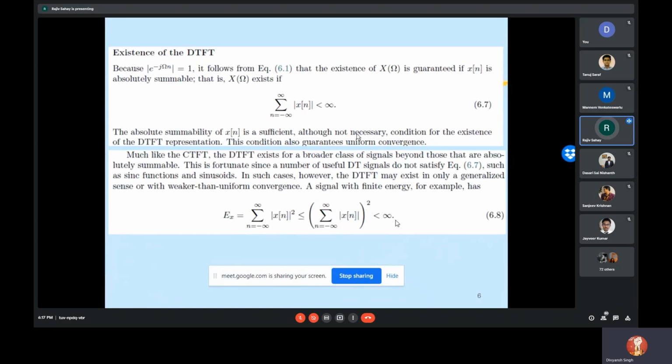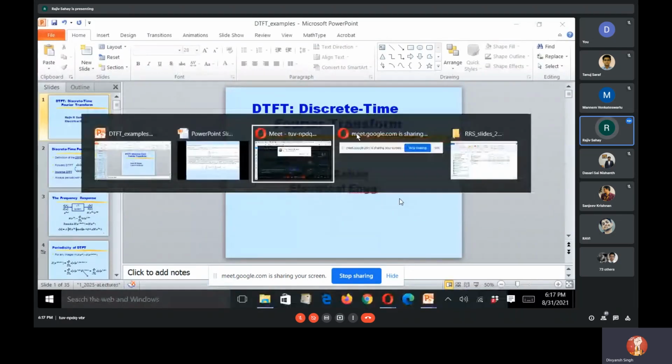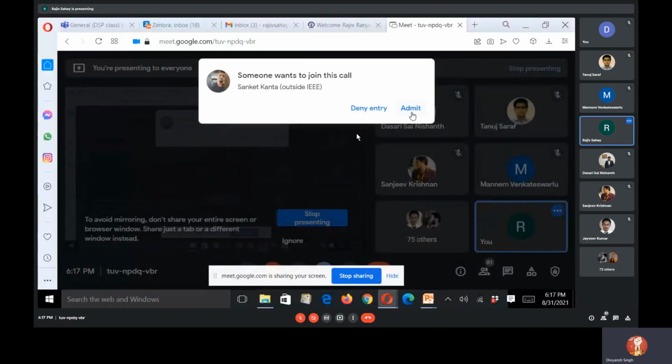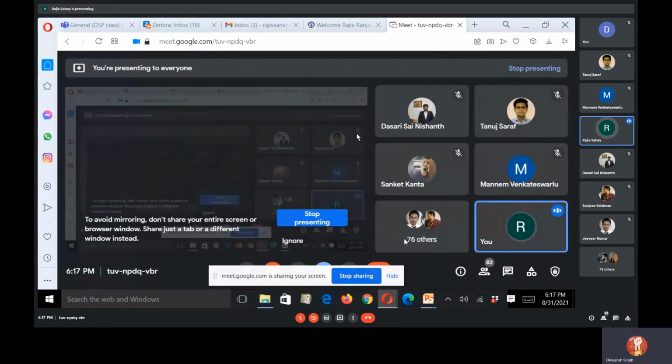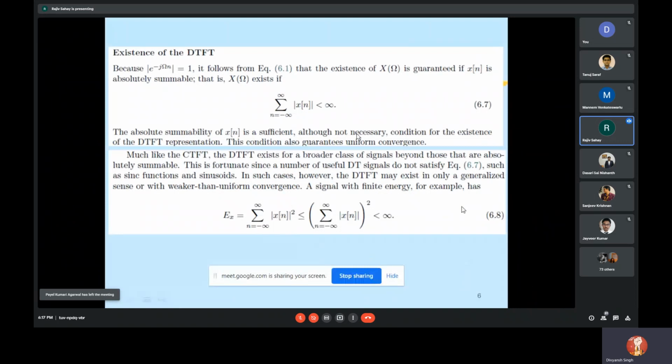For such signals like sinusoids or sinc functions, they have finite energy. These are signals which don't show uniform convergence, but they exhibit what is called convergence in the mean. So let us see what is convergence in the mean.